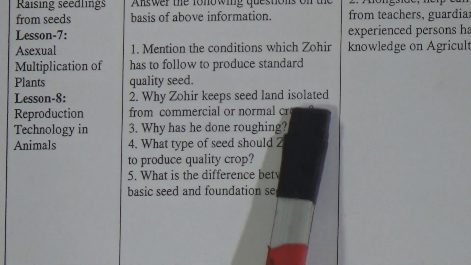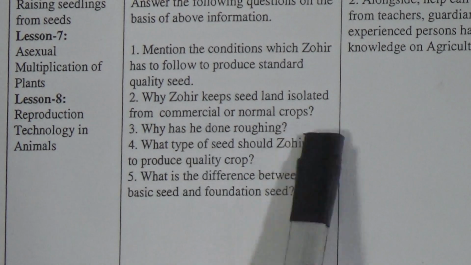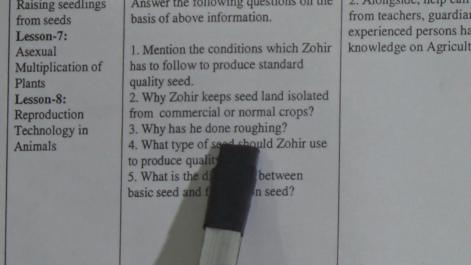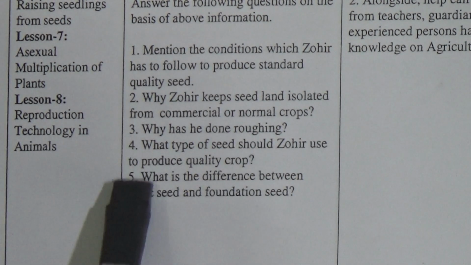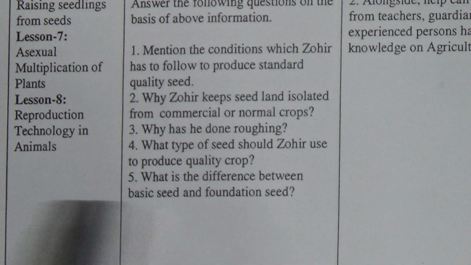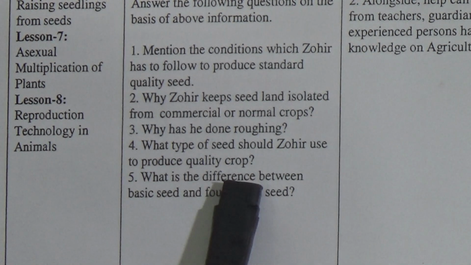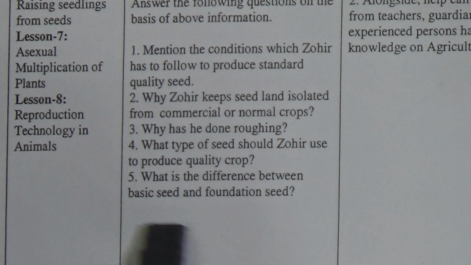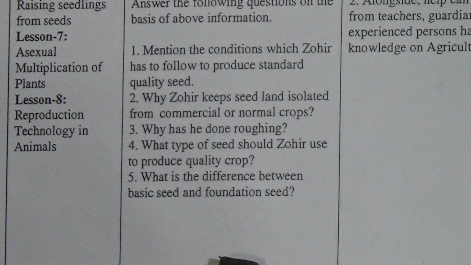Number 2. Why does Johir keep seed land isolated from commercial or normal crops? Number 3. Why has he done rogging? Number 4. What type of seed should Johir use to produce quality crop? Number 5. What is the difference between basic seed and foundation seed?